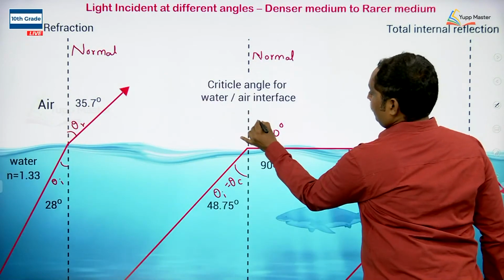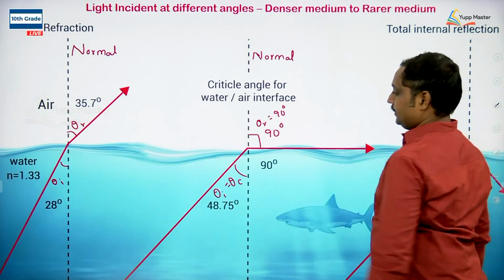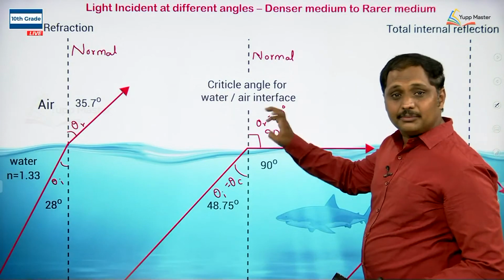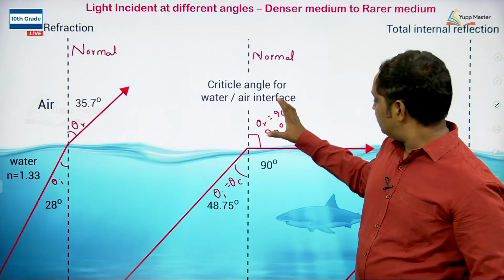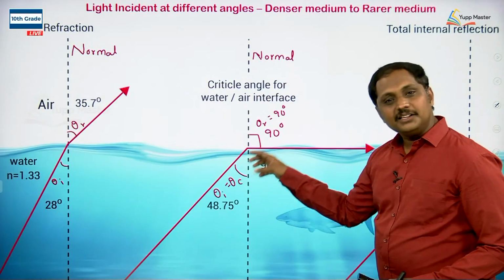We have to confirm here theta r, the angle of refraction, becomes 90 degrees. In that case, the incident angle is nothing but the critical angle.